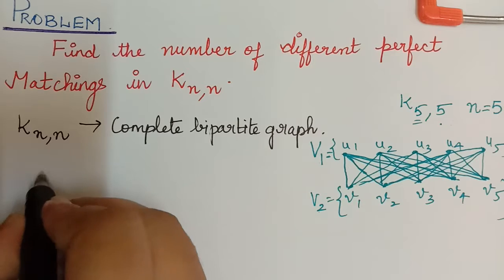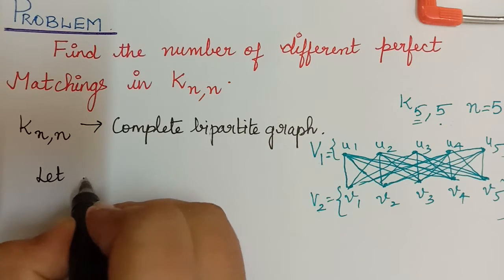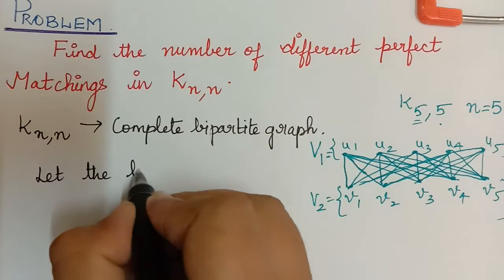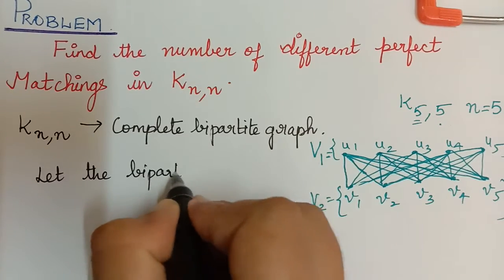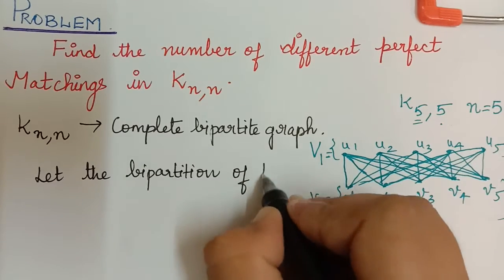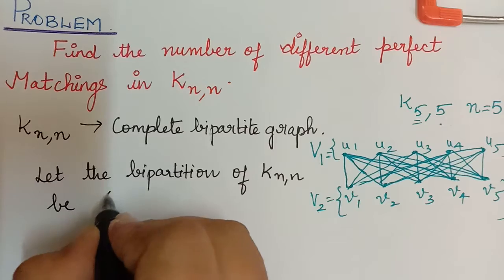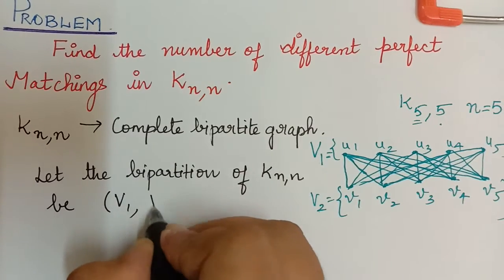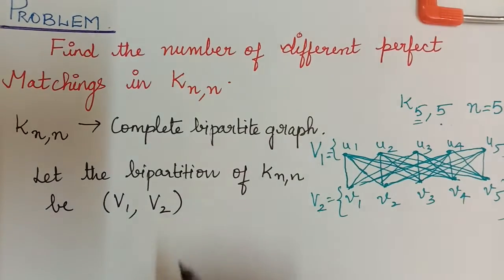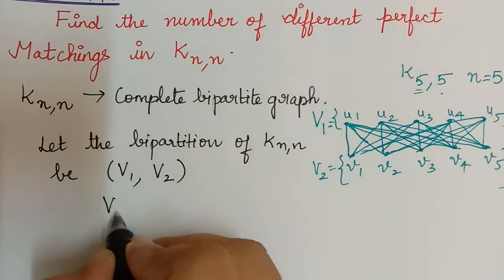So first let us write the bipartition of K(n,n). Let the bipartition of K(n,n) be the sets V1, V2. So V1 will be equal to one of the partite sets.